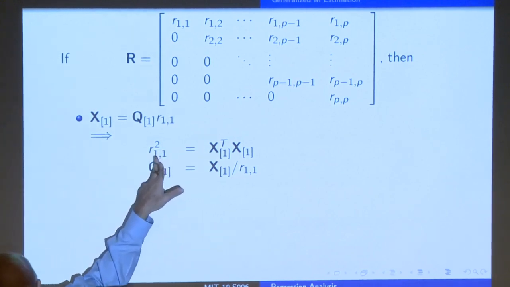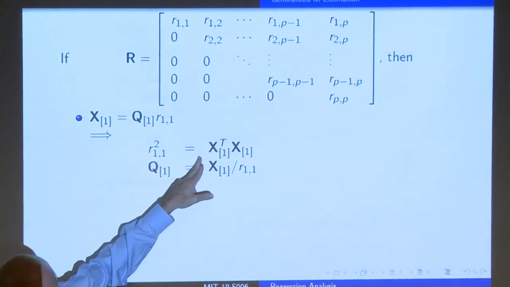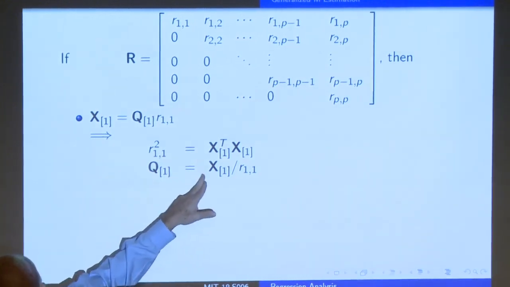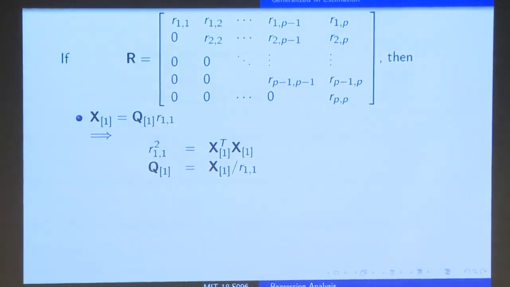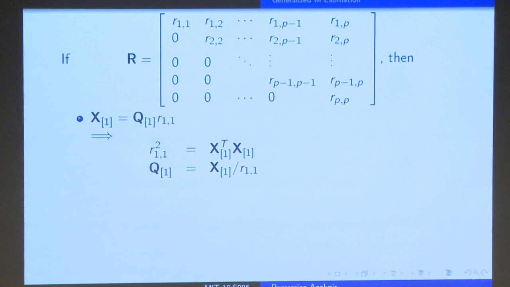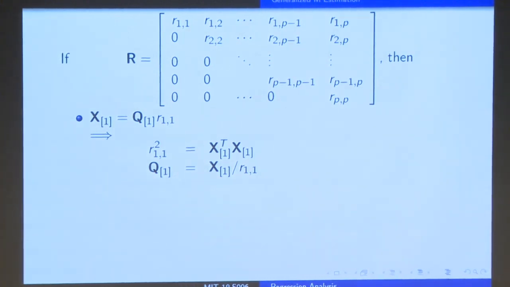We can solve for R11 as the square root of this dot product, and Q1 is simply the first column of X divided by that square root. So this first element of Q and the first element of R can be solved for right away.